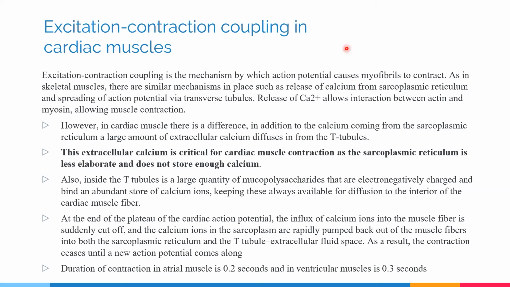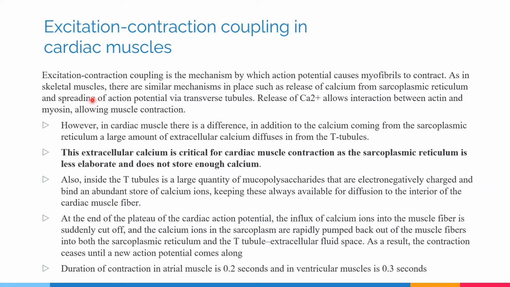Next, we move on to the excitation contraction coupling in cardiac muscles. Excitation contraction coupling is the mechanism by which action potential causes the myofibrils to contract. And in this particular discussion, we will know how exactly the cardiac muscles are different from skeletal muscles on the molecular level.